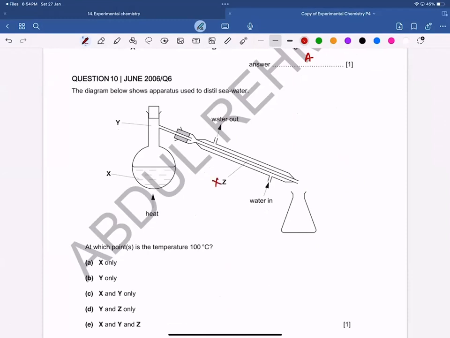X is getting continuous heat, so it is not 100, it gets greater than 100, but here it stays. In both places it stays 100 until all the liquid evaporates. So it would be X and Y.